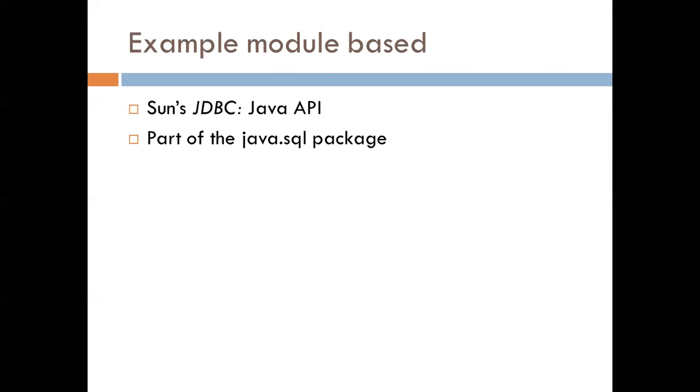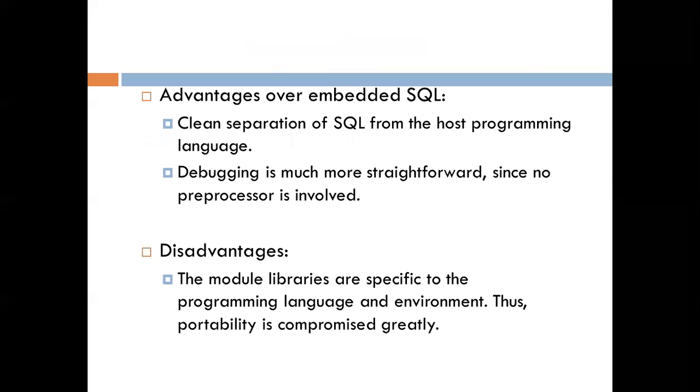All the code required to connect to the database is present in a package called the SQL package. If you want to use it in our language, we have to import this package. So we can have import java.sql at the beginning of our Java program. How it is done, we shall discuss.